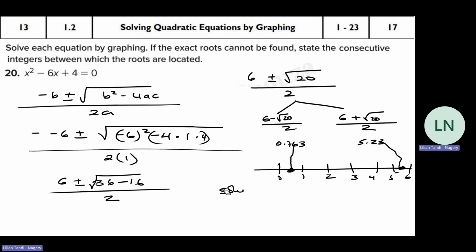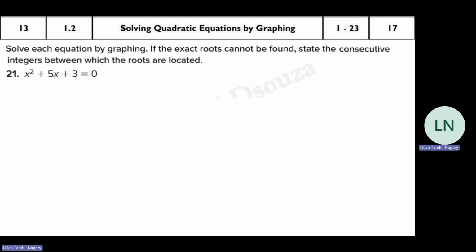My roots are between 0 and 1 and between 5 and 6. Please draw the number line so you can see clearly and choose the correct answer. Don't just assume.